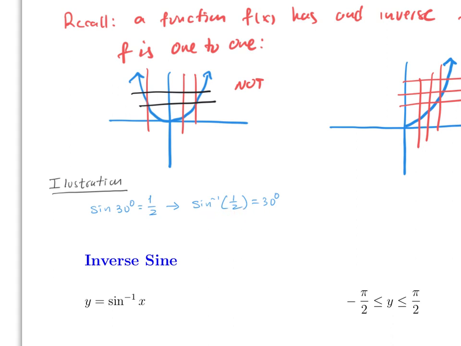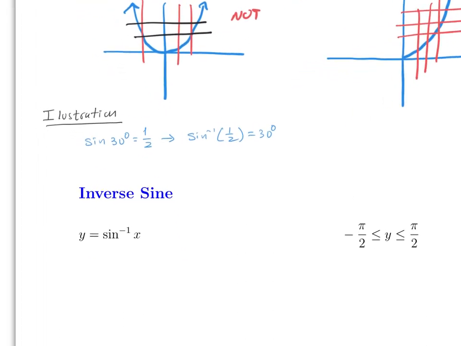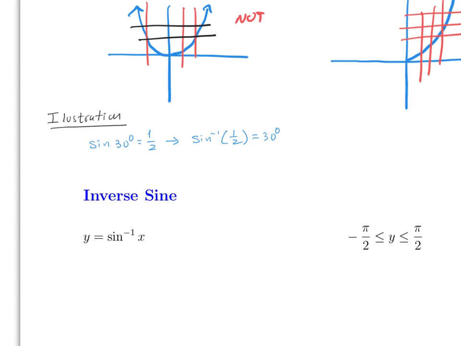Now, the only catch here is that sine can be positive in 2 places and negative in 2 places. Remember, we have this before: All Students Take Calculus. So therefore, sine is positive in here and here.